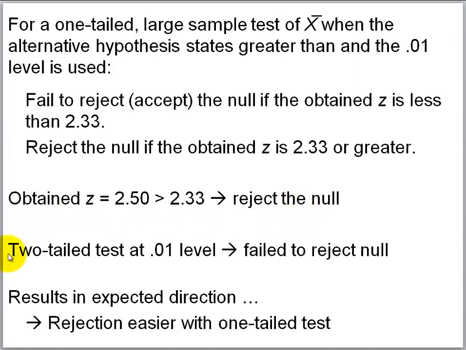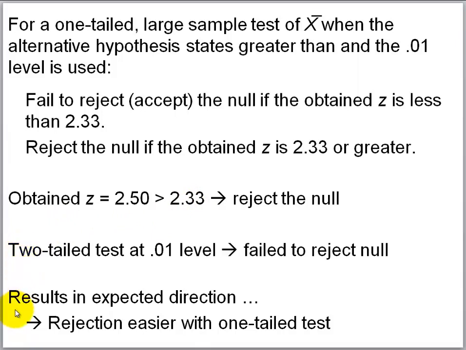Now, call back to the last video, that we did a two-tailed test at the 0.01 level. And in that case, we failed to reject the null. So when we do a one-tailed test at the 0.01 level, we reject the null. When we do a two-tailed test at the 0.01 level, we fail to reject.